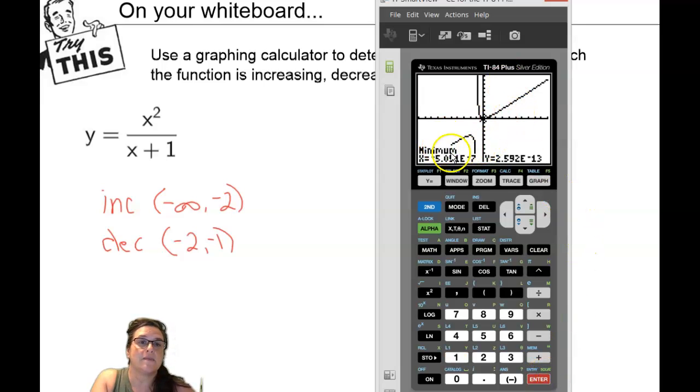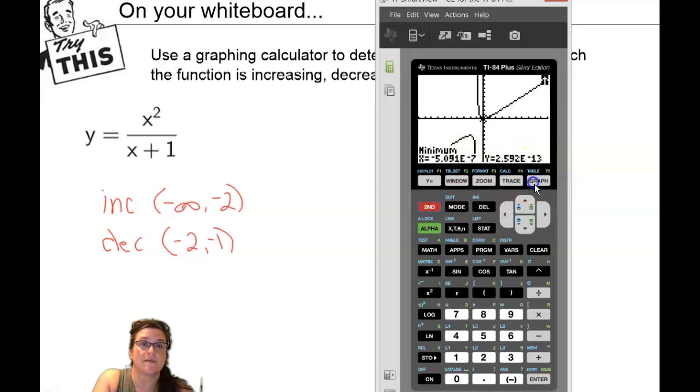Okay, and then remember when we see E, that's scientific notation, and it rounds here. E to the negative 7 would be 7 zeros in front of that negative 5. E to the negative 13 would be 13 zeros in front of that 2. And so, by our place values, we know that these would round to 0, 0.